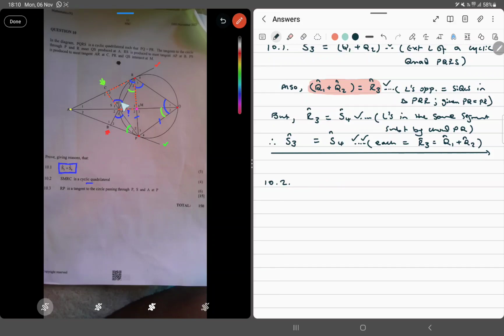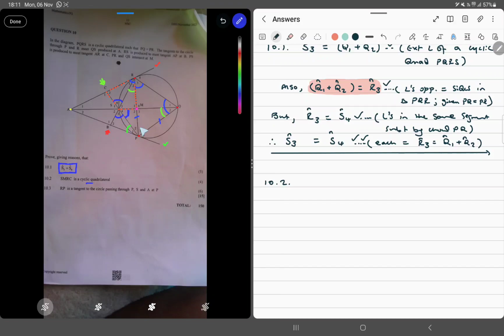We have just proven at this point that now S4 is equal to S3. Okay, please indicate those using pencils. Rather use colored pencils that you can rub off when you need to, because those permanent markers may cause a bit of a situation for your diagram. Okay, now we have just proven that.